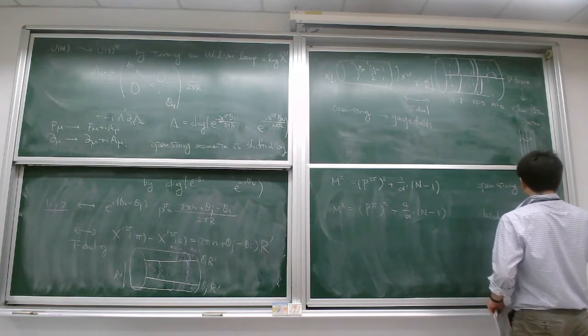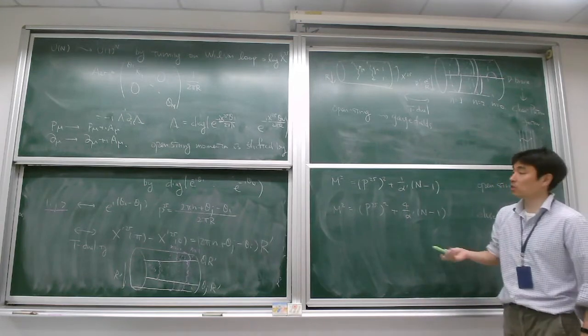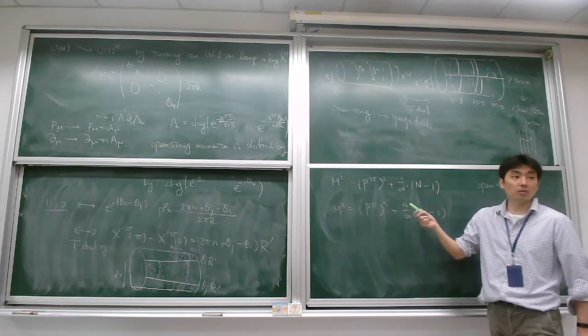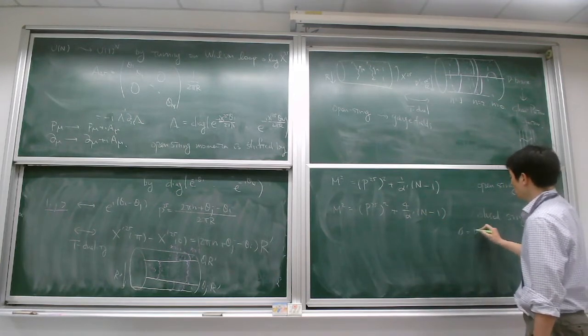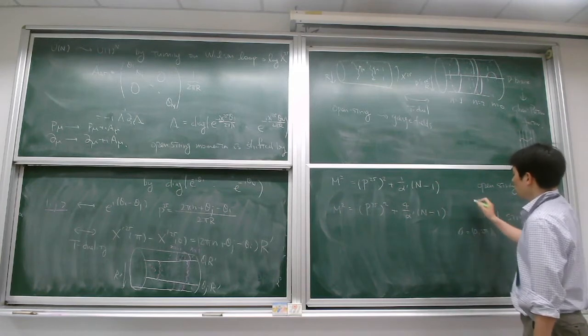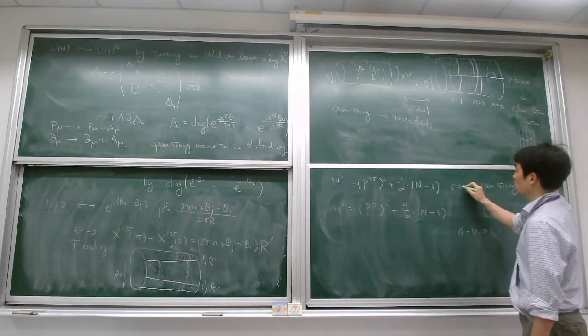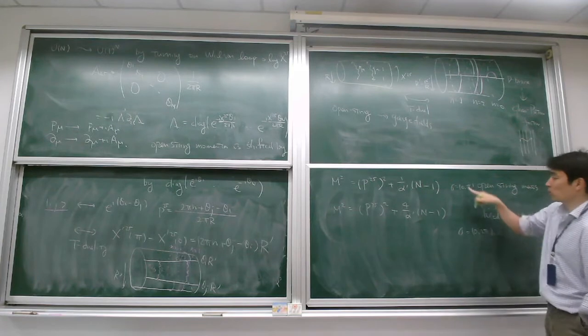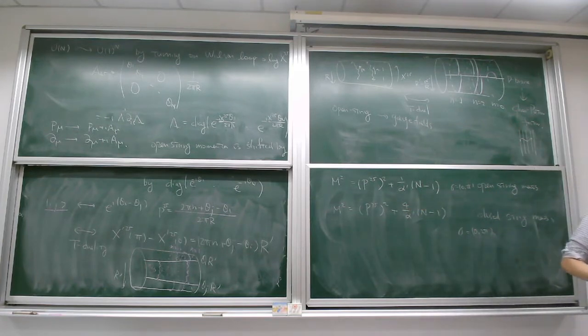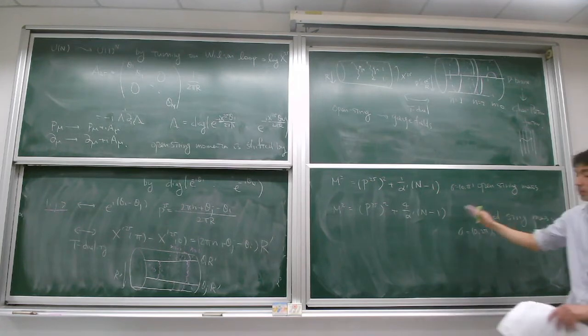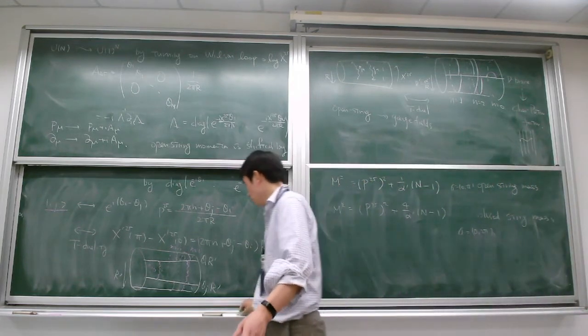And as you did in the exercise, this factor of 4 really comes from whether sigma goes from 0 to 2 pi, or sigma here goes from 0 to pi. This factor of 2 gives rise to the factor of 4 here. That's what you did in the exercise. Okay, so let's forget about the closed string spectrum.